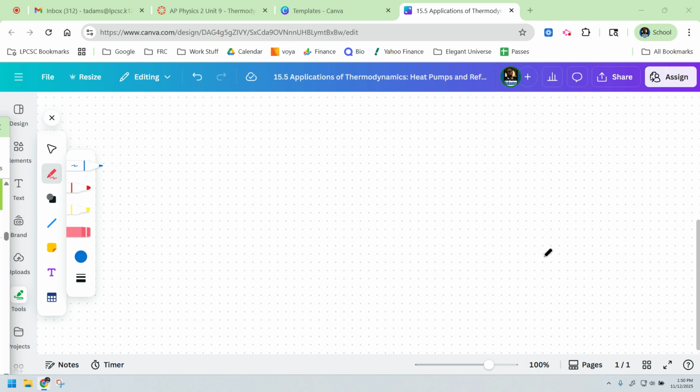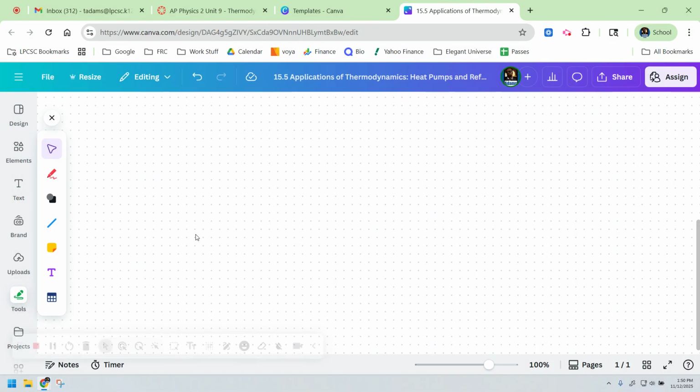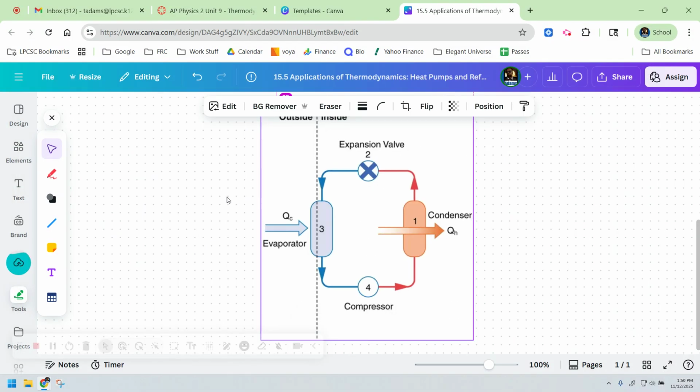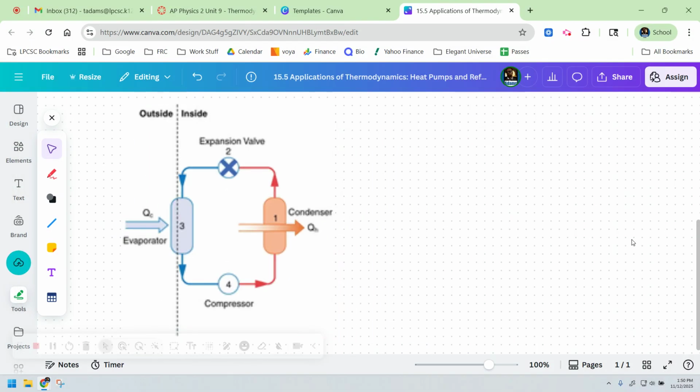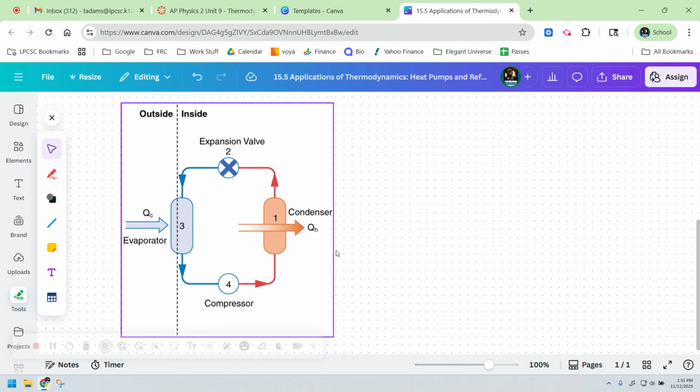All right. So then the next thing is, let me see if I can get this copied over. There we go. This image here is basically how an air conditioner works, or a simple heat pump. It has four basic components. The first component is the condenser. That's this right here.